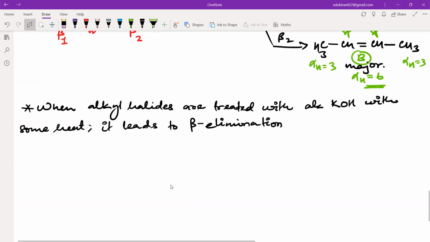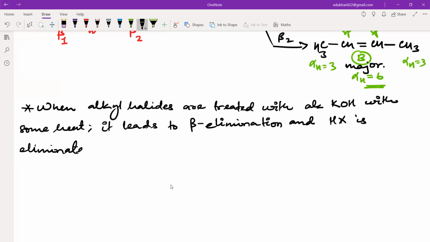Because we are eliminating beta hydrogen. That is why beta elimination. It leads to beta elimination and more substituted, both the products are actually formed now. So we'll write, and HX is eliminated to form alkene.